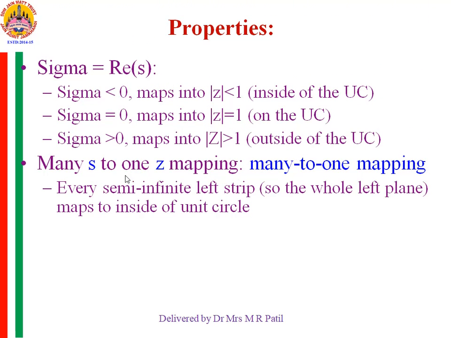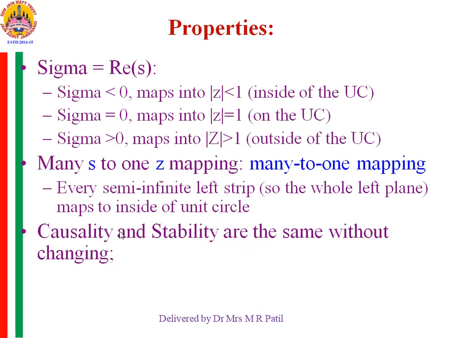So the problem of this transformation from the S domain to the Z domain is that many S domain poles can be transformed to one pole location in the Z domain. That is, the mapping takes place from many pole locations to one location. So every semi-infinite left strip, that is the whole left half of the S plane, maps inside the unit circle.